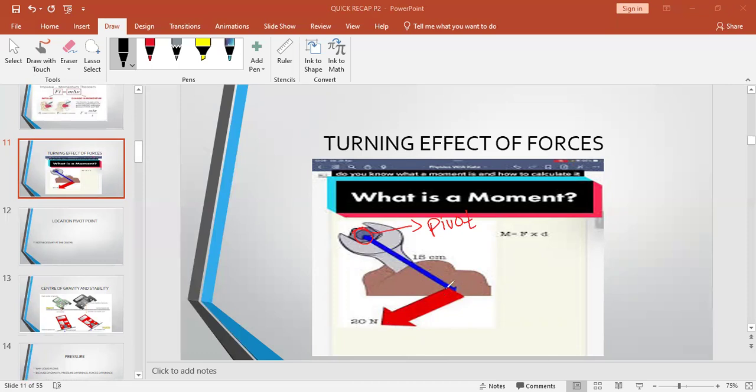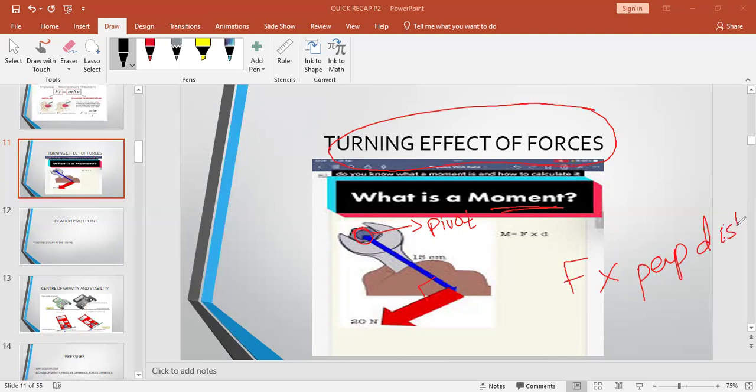The distance of this force from the pivot point is always supposed to be perpendicular. If it is perpendicular, then the turning effect of force will be produced, which is also known as moment, not momentum. Its formula is force multiplied by perpendicular distance. Clear?